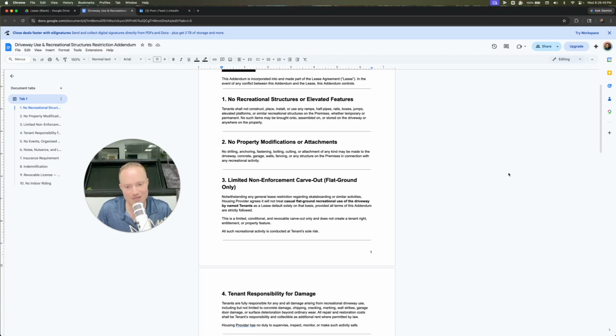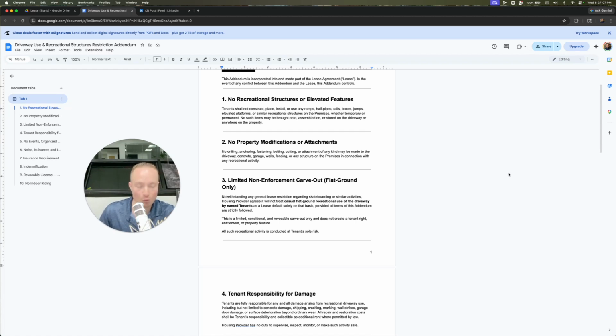What it says is that we're not necessarily allowing this activity. We're not allowing skateboarding, but we're just giving them a limited non-enforcement carve out, meaning we're not going to enforce the lease for casual flat ground recreational use of the driveway by the tenants only.